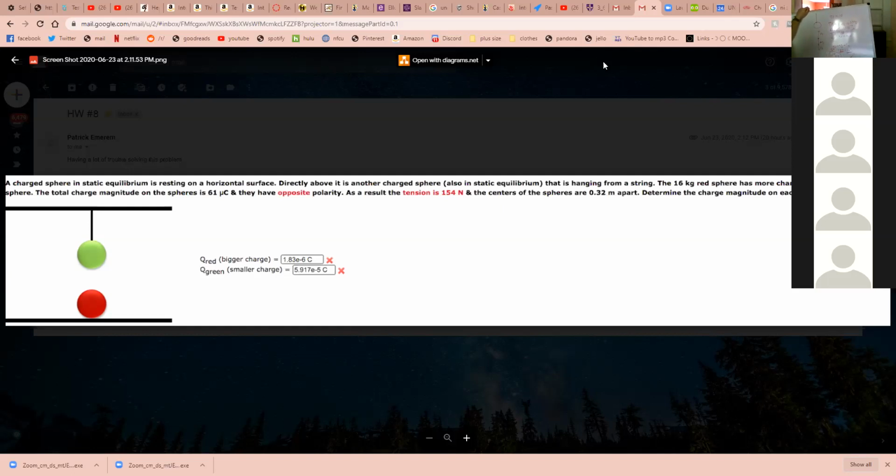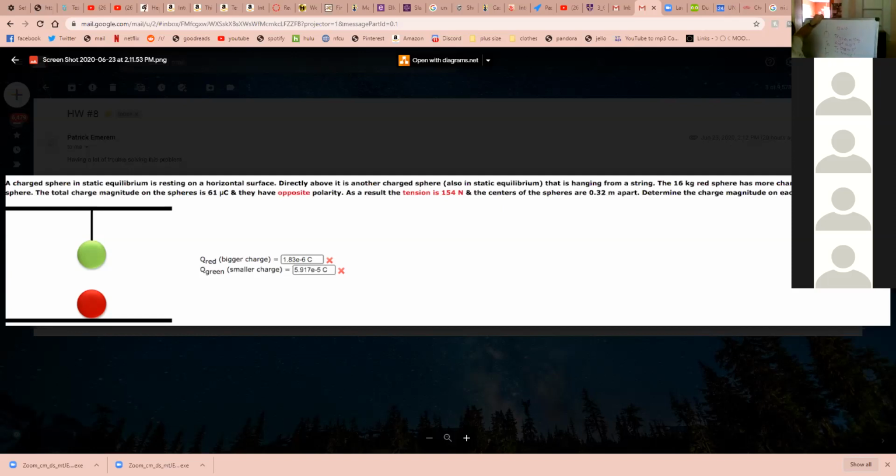So it's less than or equal to 10 squared in magnitude. So working this, that means that this Q1, Q2 has to be less than or equal to 10 to the negative 10th in magnitude.